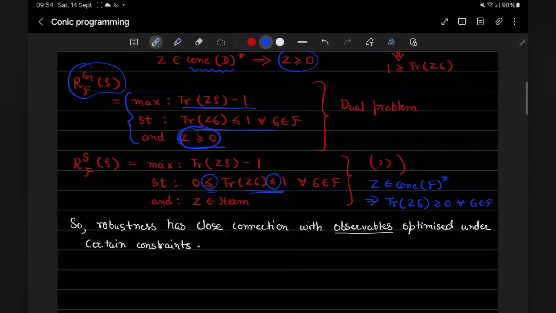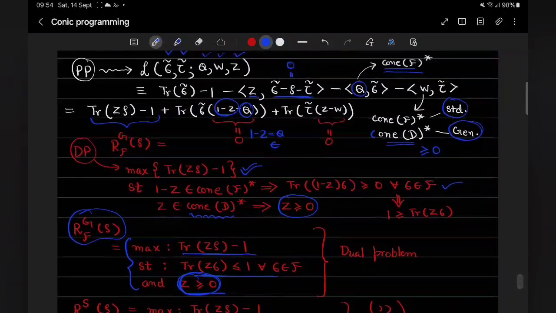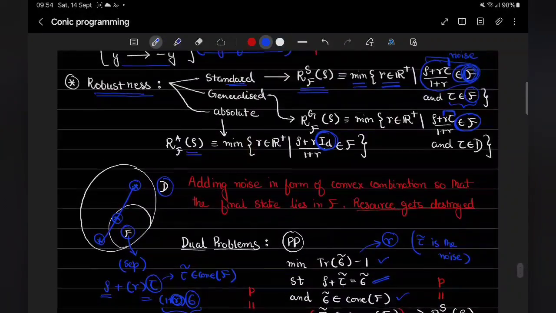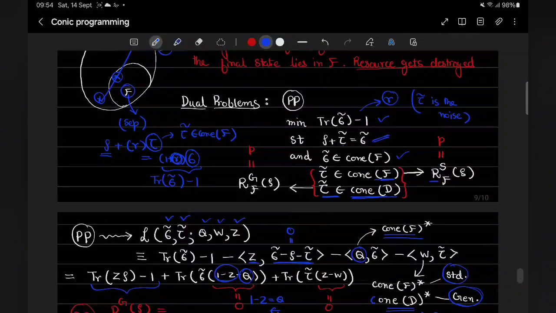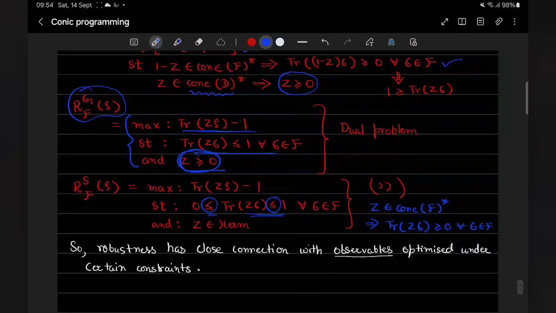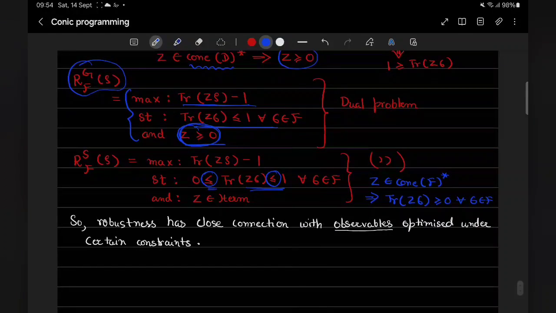So what I have shown in this video is that you have a robustness measure, which is a measure in the space of density matrices, in the set of states. You are adding to a state some noisy state such that the noise makes it a resourceless state, and you can convert this optimization into an optimization of observables, which is in the space of Hermitian matrices.